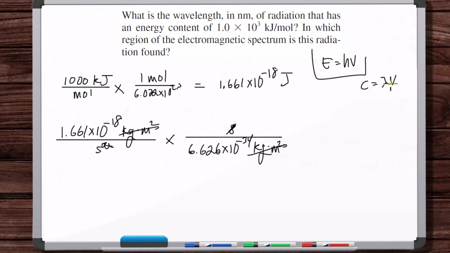So if we bring in the speed of light, 3 times 10 to the 8th meters per second, now this cancels and we're left with 1 over meter.